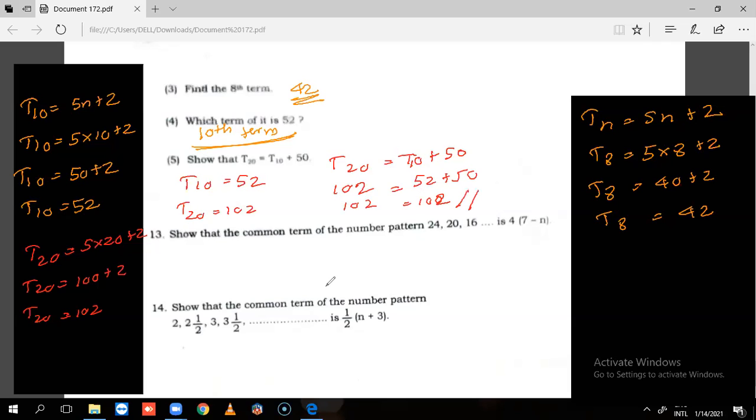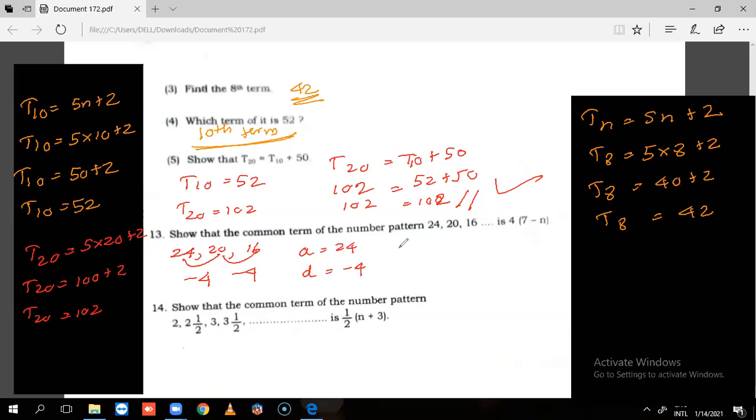That is true then. Show that the common term of the number pattern 24, 20, 16 is 4(7 minus n). Let's write the number pattern 24, 20, 16 first. 20 subtract 24 is minus 4. 16 subtract 20 is minus 4. First term a equals 24. Common difference is minus 4. And we have to take the general term.